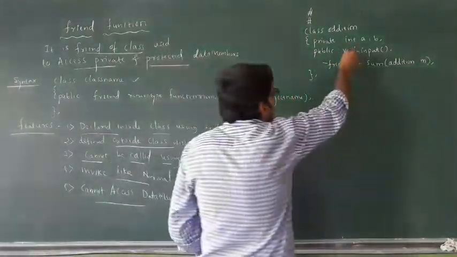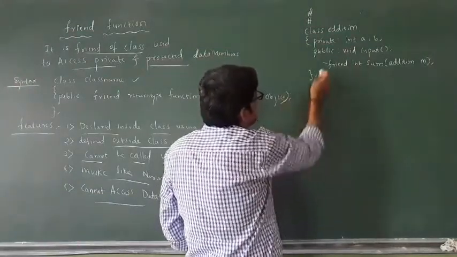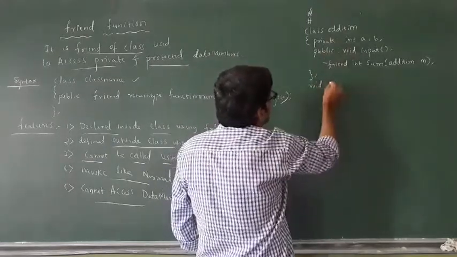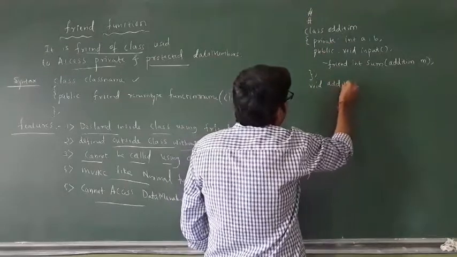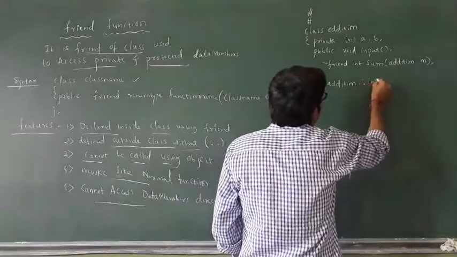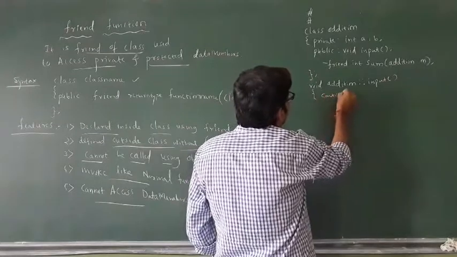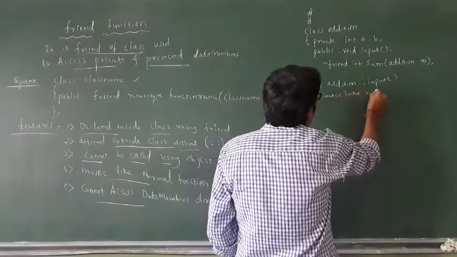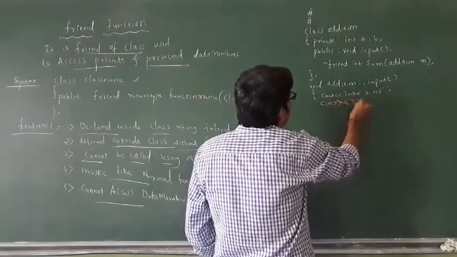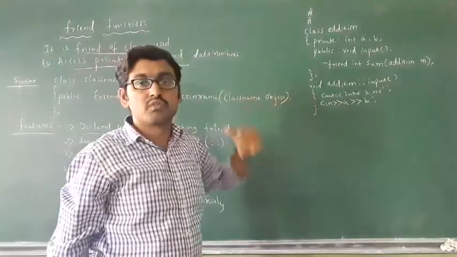See how to write it outside the class: void addition, scope resolution operator, then input. cout enter two numbers, cin a, b. This is what it is. I am using the scope resolution operator.